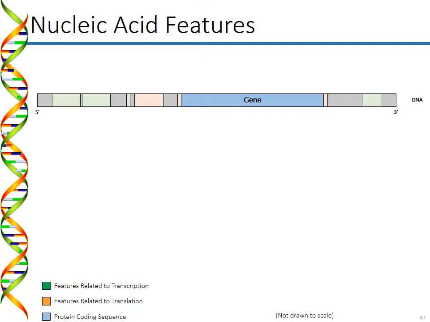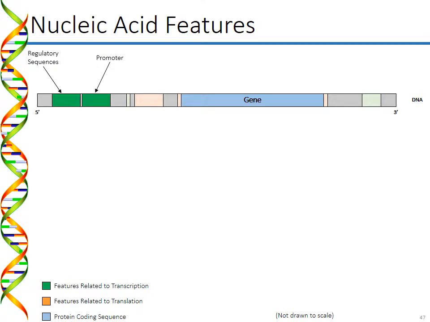And so the features related to transcription are shown in green. Those related to translation are shown in orange, and the gene and protein coding sequence are shown in blue. So first we have, furthest 5' upstream, various regulatory sequences.